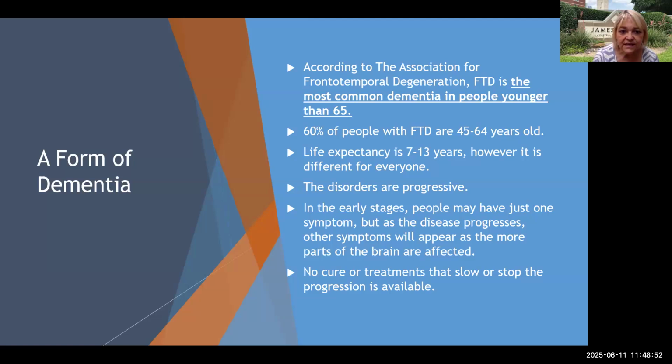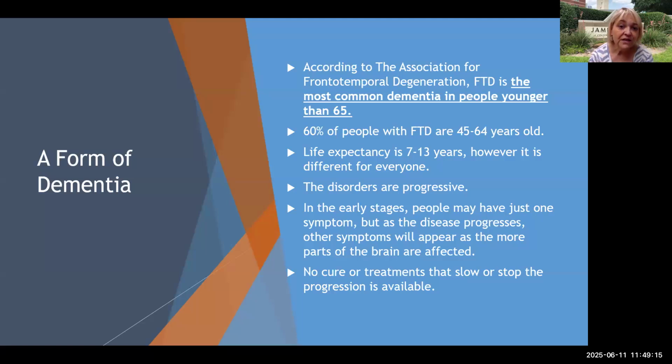And in those early stages, they could just have one symptom. That's another reason it goes misdiagnosed for so long. But as it progresses, those other symptoms start to show up because the rest of the brain is being affected. There's no cure. There's no treatments. We don't know how to stop this yet.